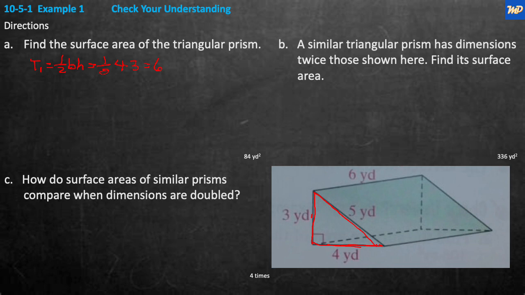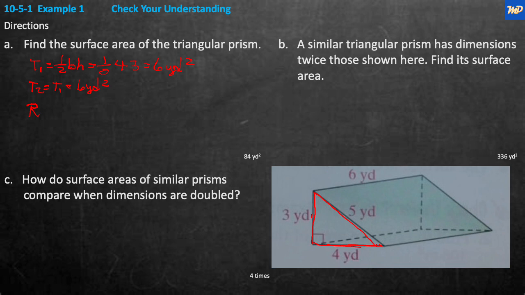6 what? He might ask. 6 yards squared. So since these polygons are congruent according to the rules for prisms, T2 is equal to T1 is equal to 6 yards square. So now we have 3 other rectangles to solve.